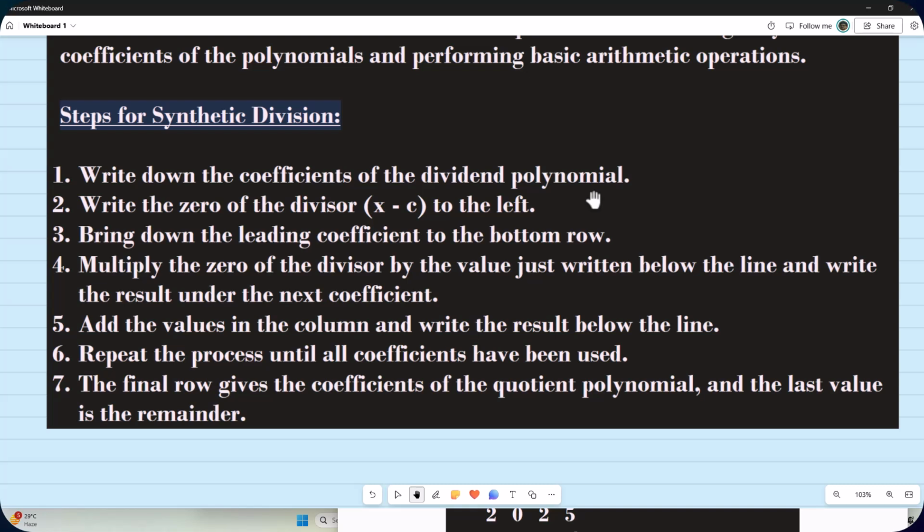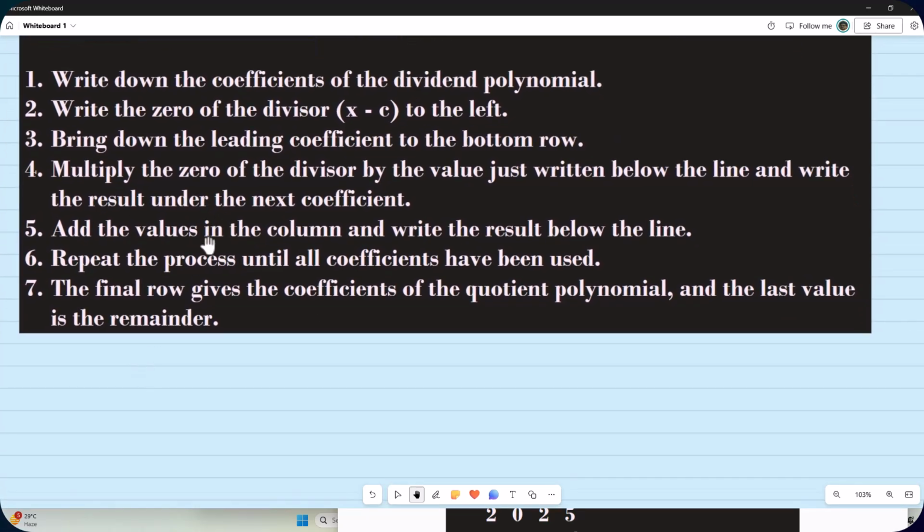Bring down the leading coefficient to the bottom row. Multiply the 0 of the divisor by the value just written below the line and write the result under the next coefficient. Add the values in the column and write the result below the line. Repeat the process until all coefficients have been used. The final row gives the coefficients of the quotient polynomial and the last value is the remainder.